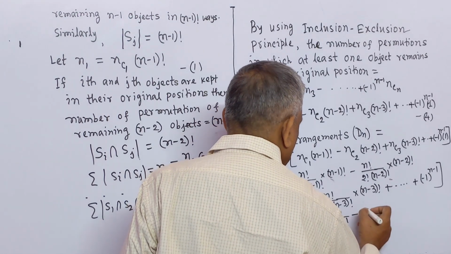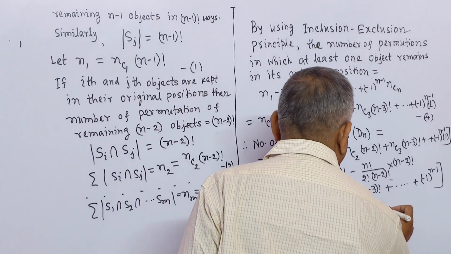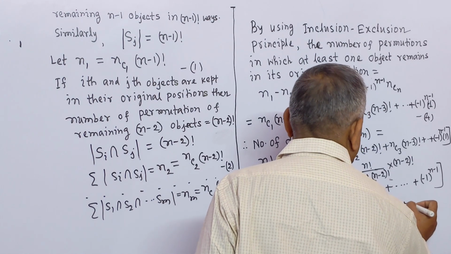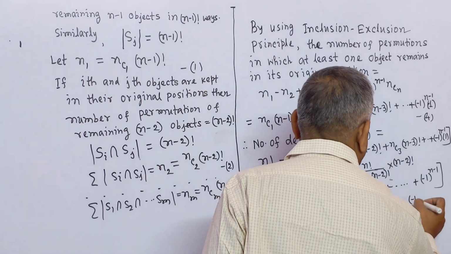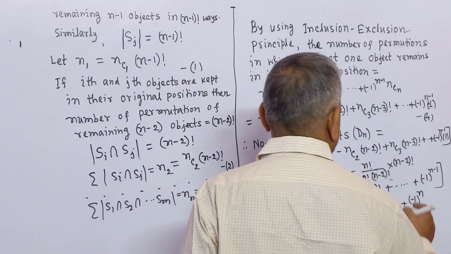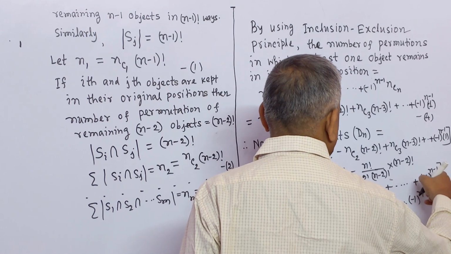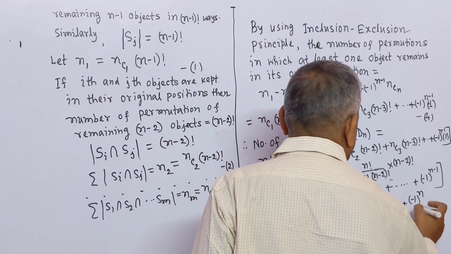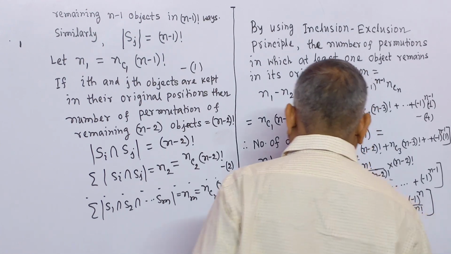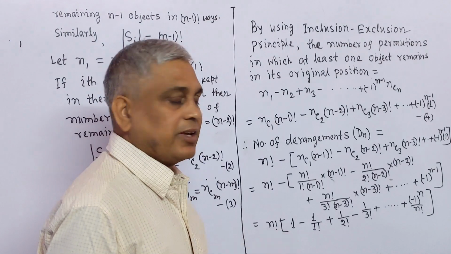Similarly here 1/3!, plus ... plus (-1)^n, and here the last term is (-1)^n / n!. This is the required number of derangements.